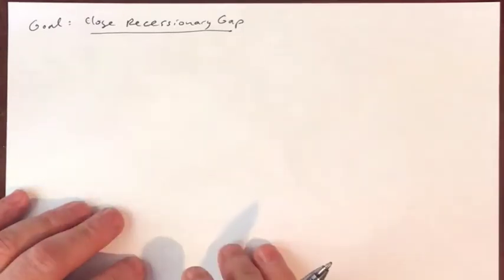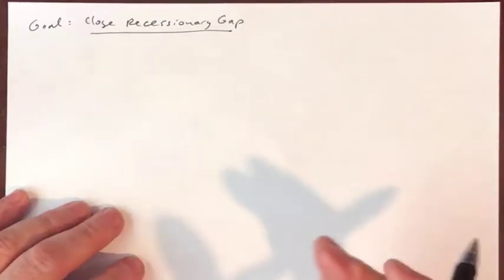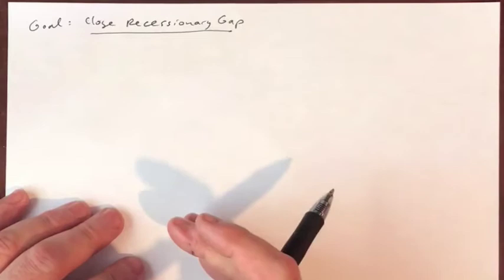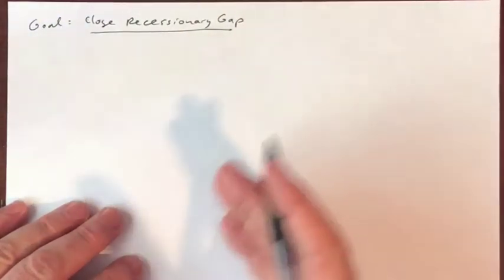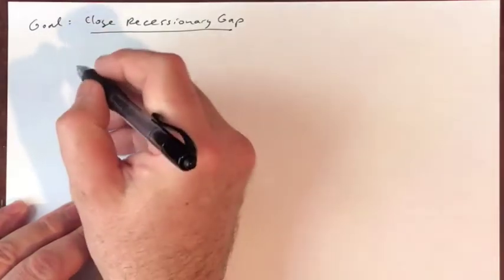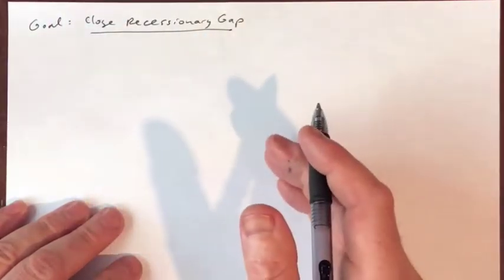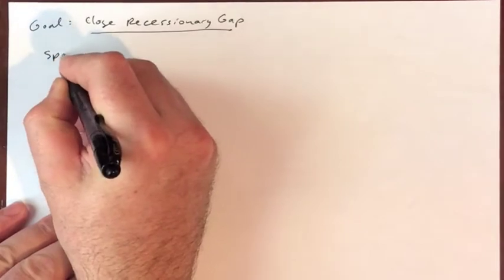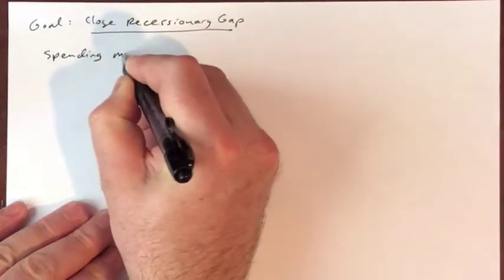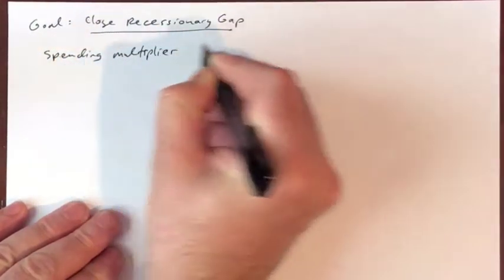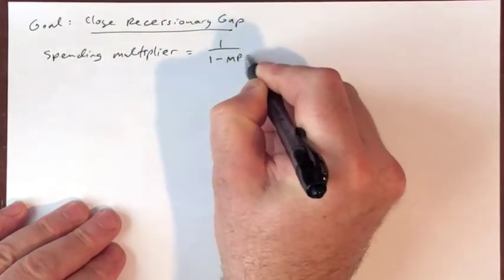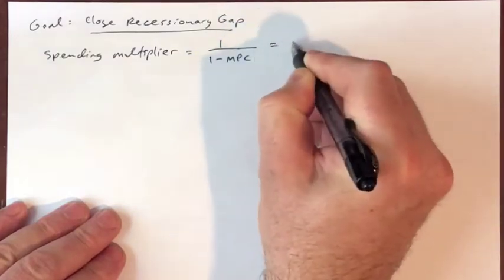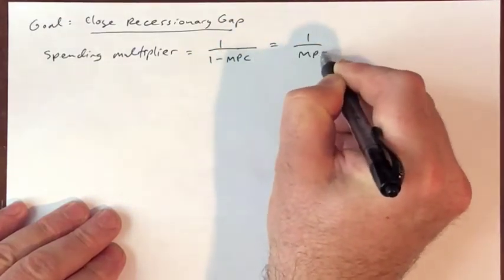Now, to do that, we need to go back to our earlier material on how a change in spending affects the entire economy. Remember, we talked about this with regard to the consumption function. We know that there is a spending multiplier. Remember, the spending multiplier is equal to 1 over 1 minus the MPC, same as 1 over the MPS.